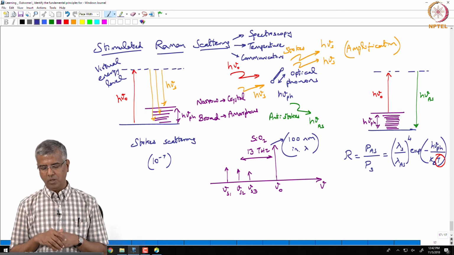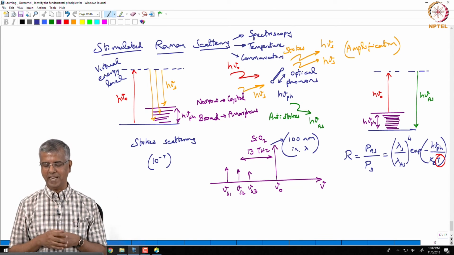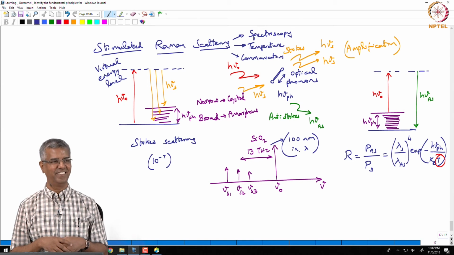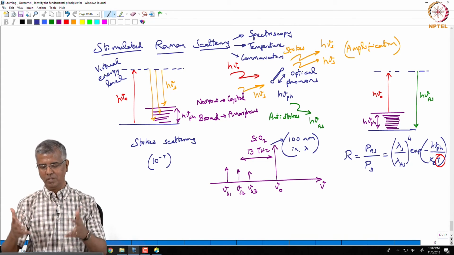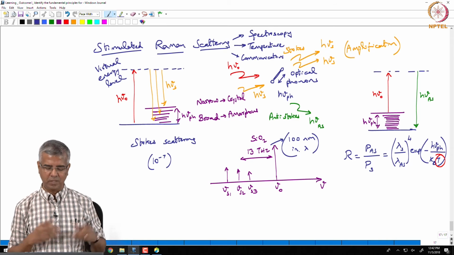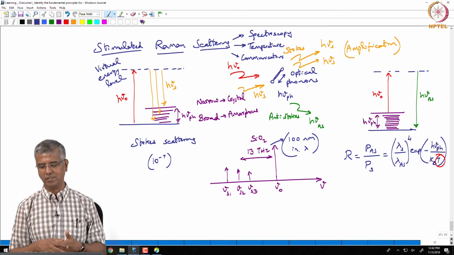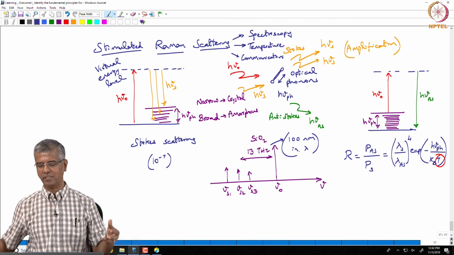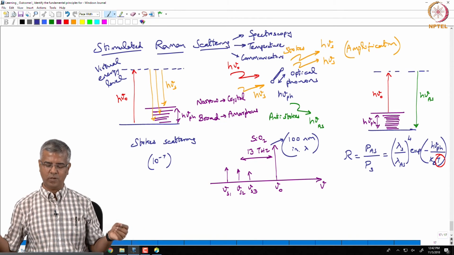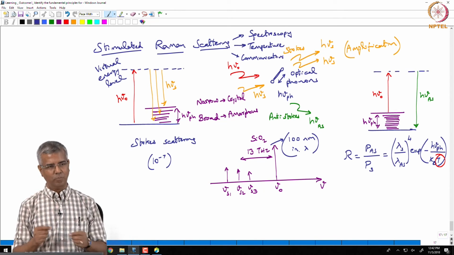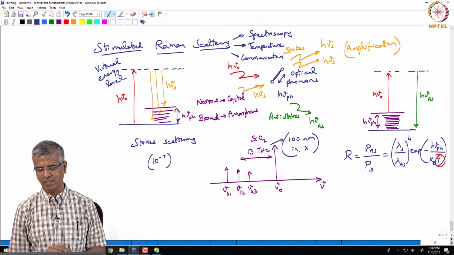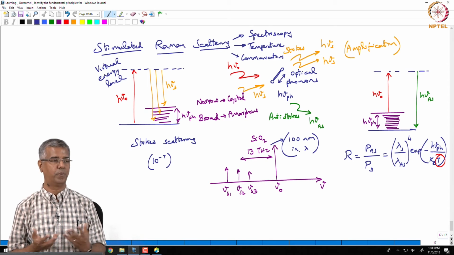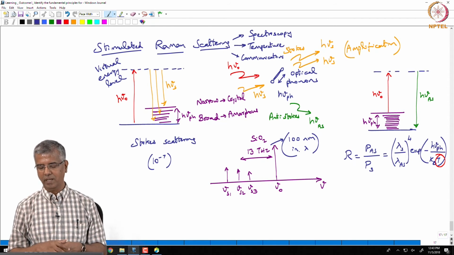Now, what is the probability of something like that happening? We are talking about a material with zillions of molecules. You come in with trillions of photons at h nu naught, h nu s, and what is the probability that both these photons come to a location at the same time? That's a very low probability, you would think.